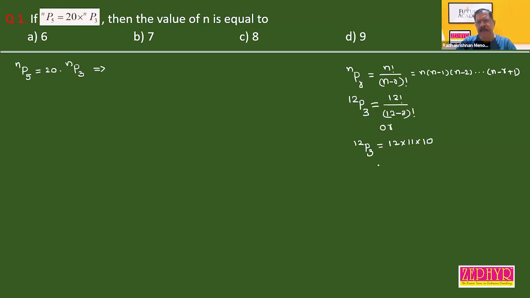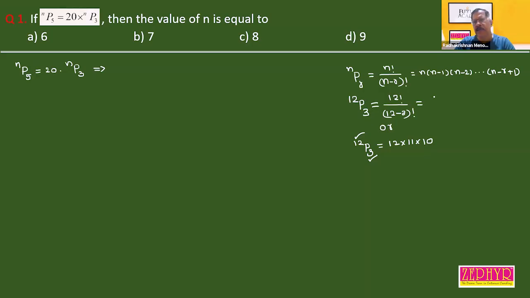That means product of three consecutive natural numbers in descending order. Okay. Product of three consecutive natural numbers starting from 12 in descending order. So once you simplify this, you will be getting the same only.